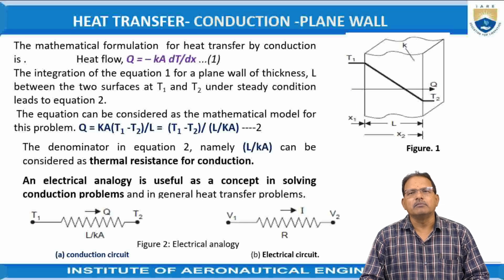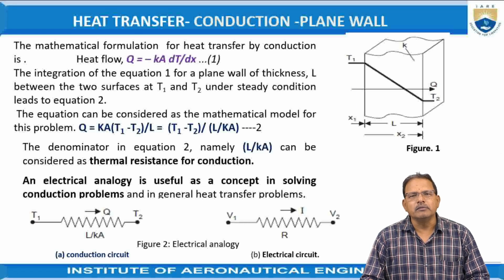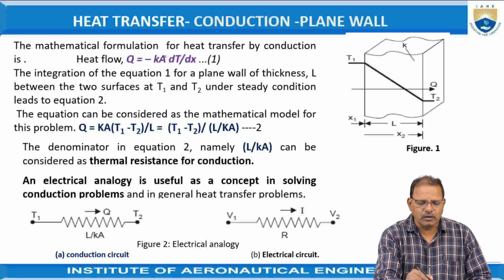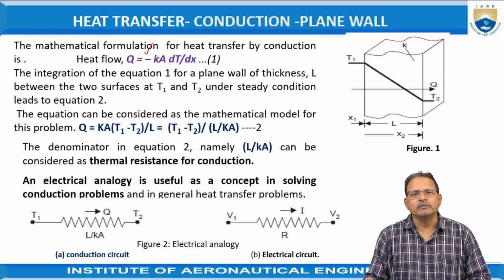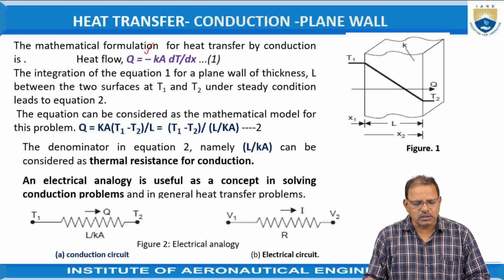The mathematical formula for heat transfer by the conduction process is written as Q is equal to minus K A dT by dx, where Q represents the heat flow, that is the magnitude of heat energy being transferred. Here K is the thermal conductivity of the material, a property of the material.